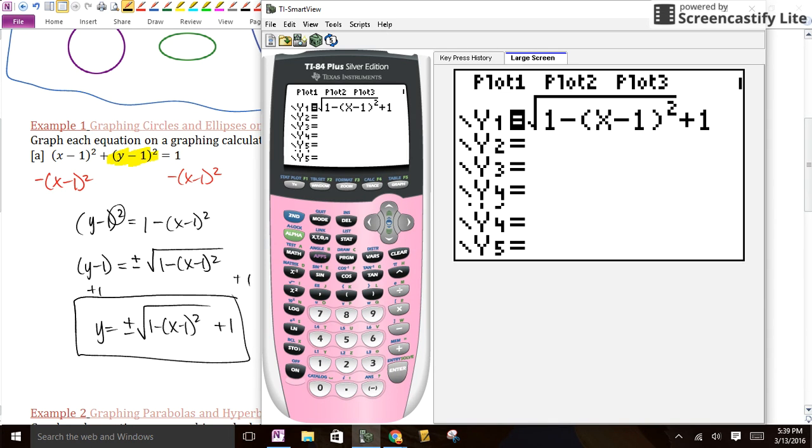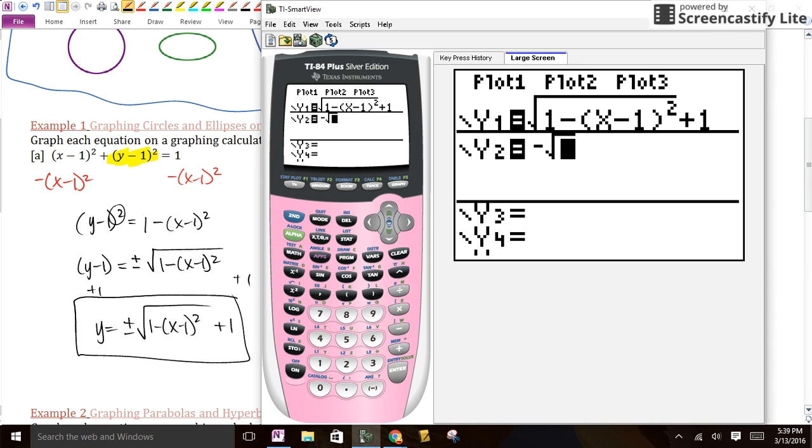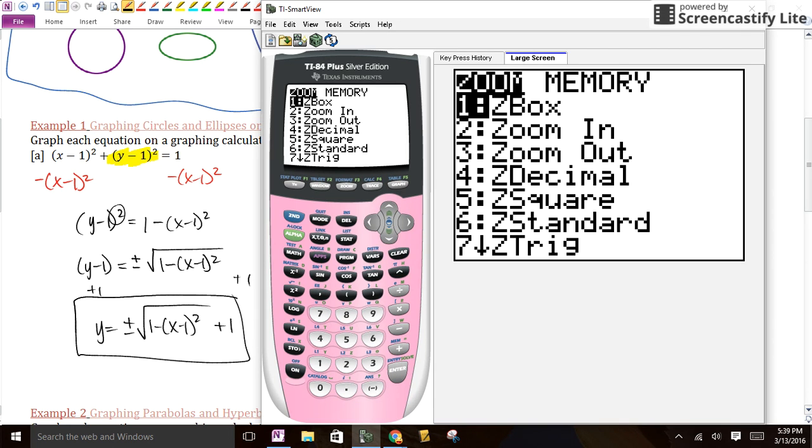Now I really wish I had a copy feature on here, but negative, second square root, 1 minus parenthesis x minus 1 squared, and then outside plus 1. A good habit to get into is to hit zoom and pick zoom 6. That gets you back to a nice 10 by 10 graph.